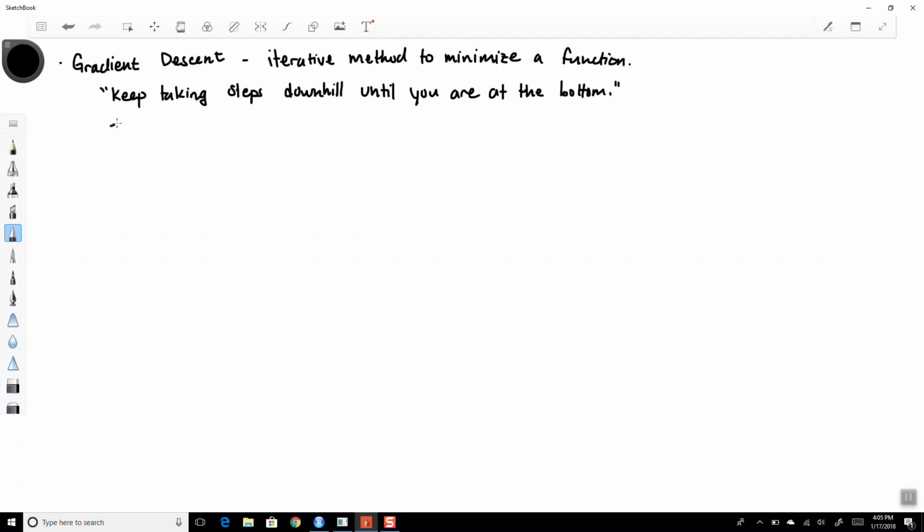Gradient descent will get stuck in local minimums. And there's not even a guarantee that it'll converge or anything like that, right? It's useful in its simplicity, but it's not guaranteed to work.